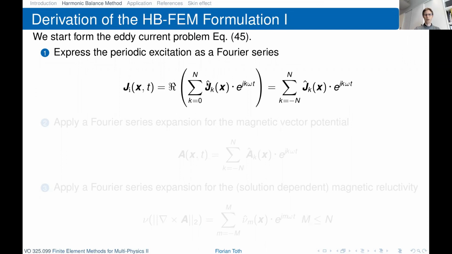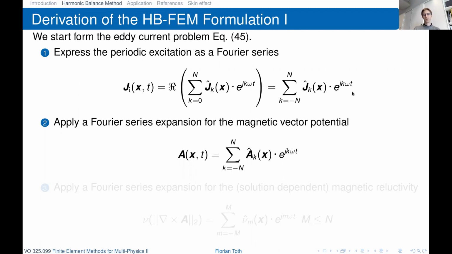They are denoted by a hat here, J hat k, where k is the number of the harmonic. And they can be complex valued in general. We can also write the complex form of the Fourier series, where J hat k and J hat minus k must be complex conjugates in order to yield a real valued signal in the end, which is the physics, of course.